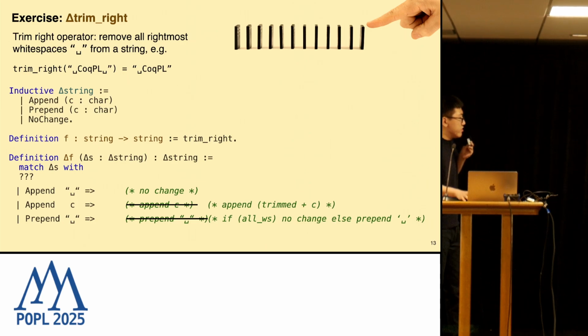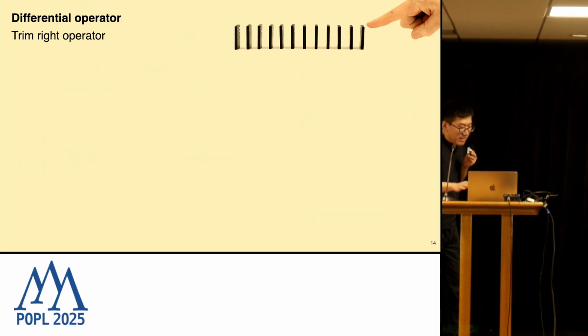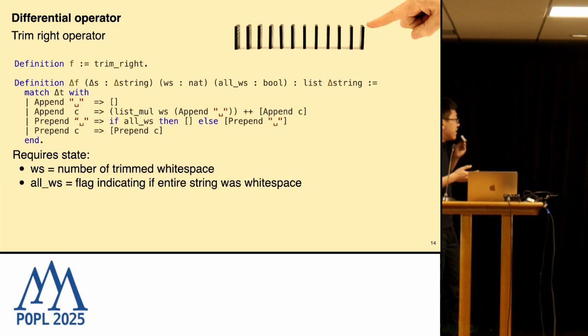In the other case, it's just prepend white space. The last case is prepend C: if C is a non-white space character, the output change should be prepend C. I just want to use this example to show that sometimes differential operators are stateful.